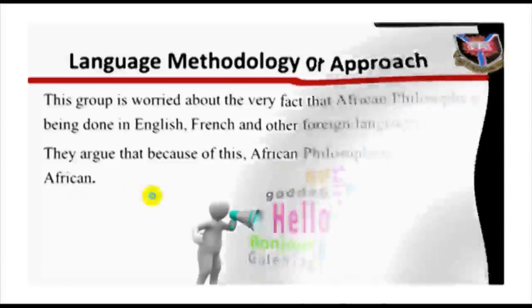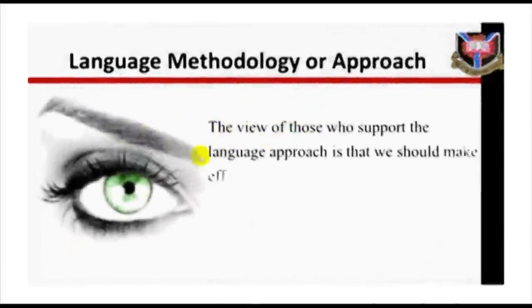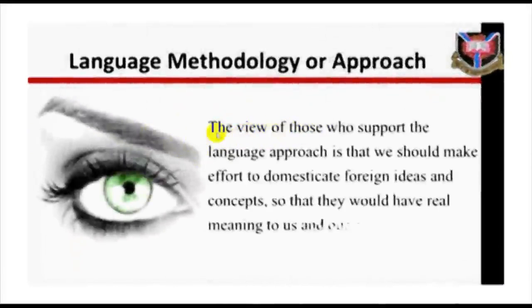And as a result of this too, many Africans do not really understand African philosophy, which means that in the end, African philosophy does not really serve any useful purpose to us, as it is far removed from our culture and environment.